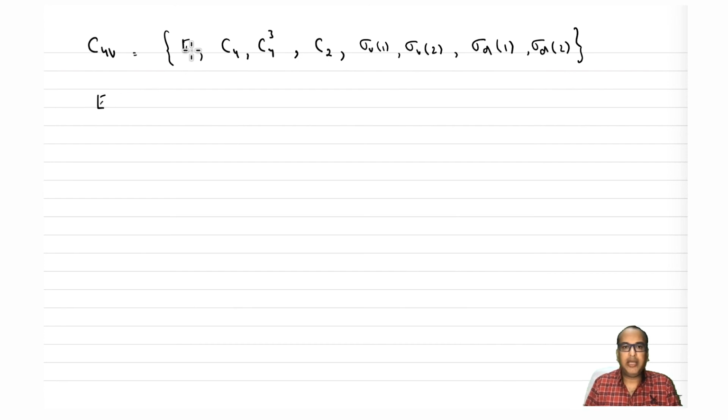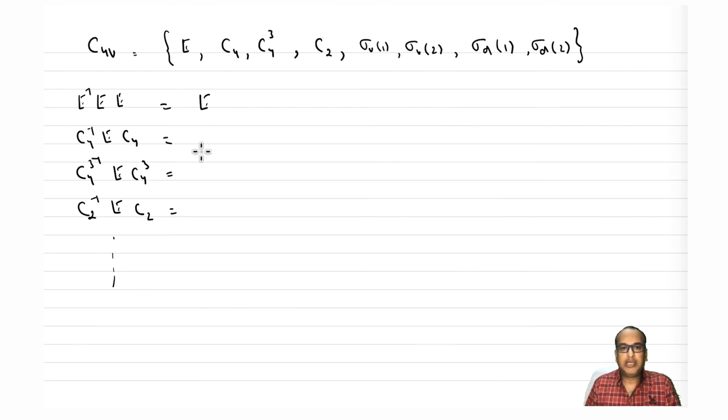Let's take the similarity transformation of E by E inverse E E, C4 inverse E C4, C4 cube inverse E C4 cube, C2 inverse E C2, and so on. So what do I get here?